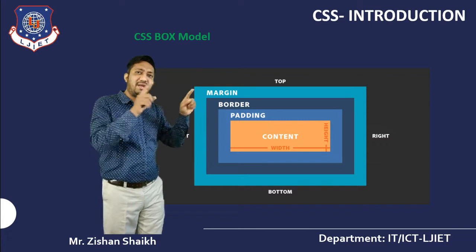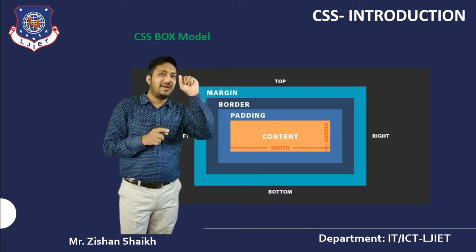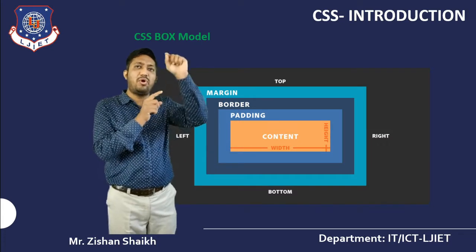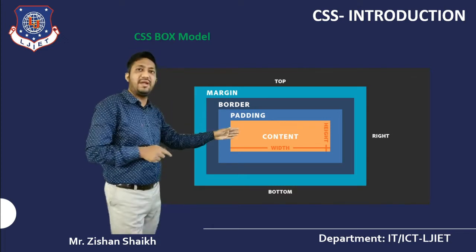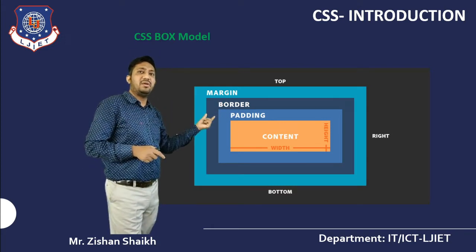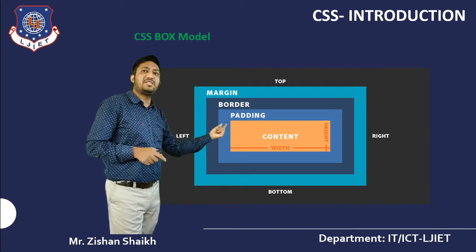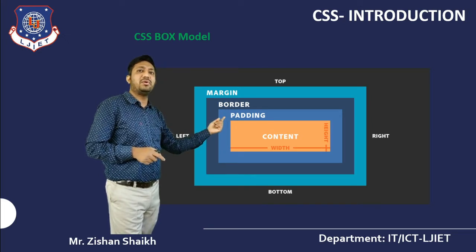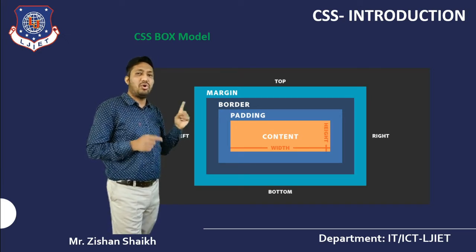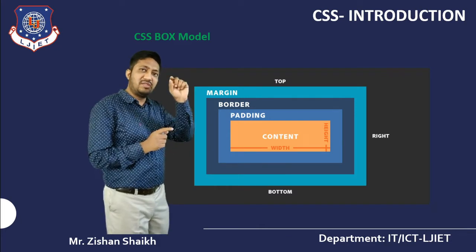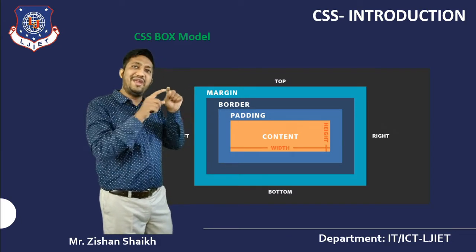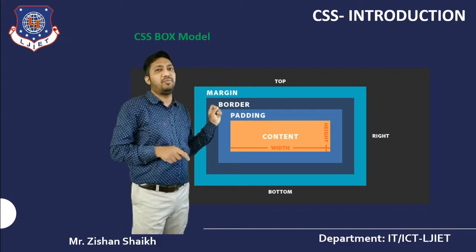In the border my data will be maintained. The distance between the data and the border, suppose this is my data and this is my border, the space between data and border is known as padding. So always remember that the distance between border and data is known as padding.